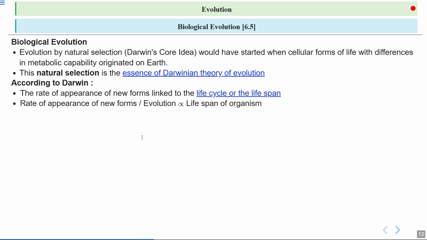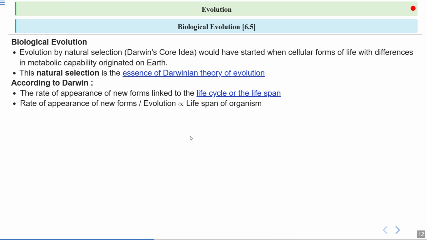Humans have a lifespan greater than bacteria like E. coli. So evolution of new forms in the case of humans will be slow, because they have a lifespan of around 100 years, now less than 100 years.